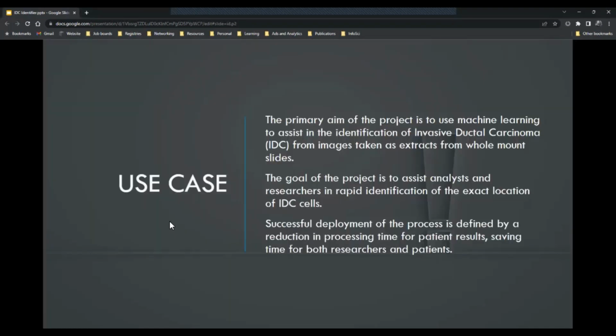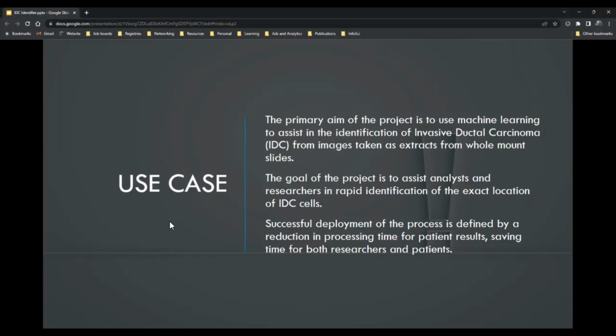So the use case for the project is we want to get results faster for the sake of researchers and patients. Identifying these cells needs to be both swift and accurate. So we utilized a set of extracted images taken from whole mount slides, cut those down into 50 by 50 pixel chunks, and we're going to analyze them using a deep learning network.